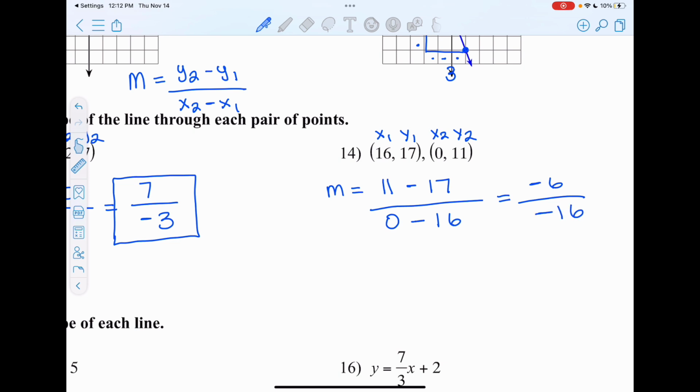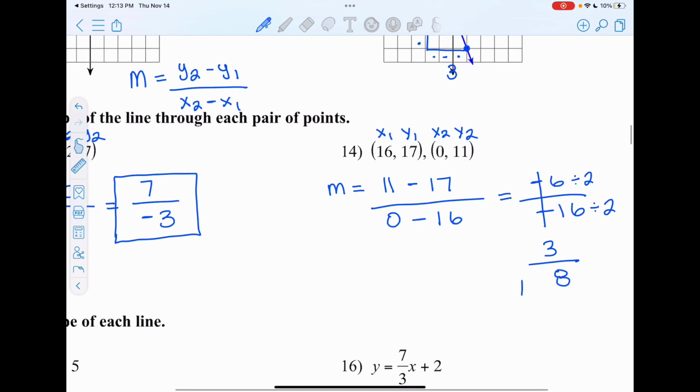And I can simplify this. Both the top and the bottom are negative, which means those negatives cancel out. And both 6 and 16 can be divided by 2. 6 divided by 2 is 3, and 16 divided by 2 is 8. So my final slope is 3 over 8.